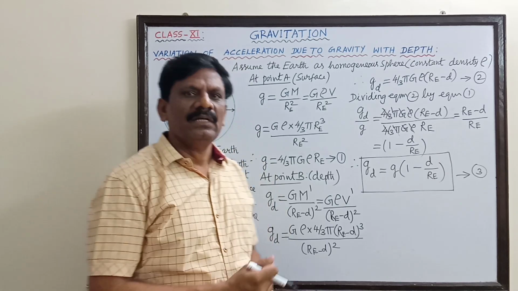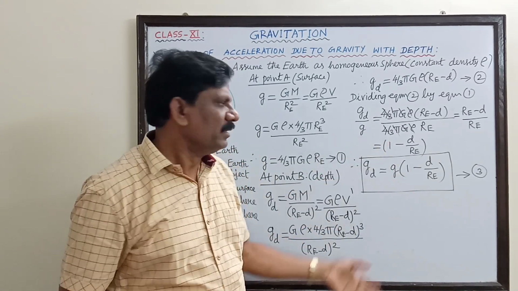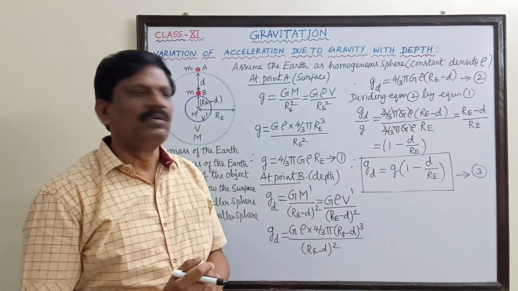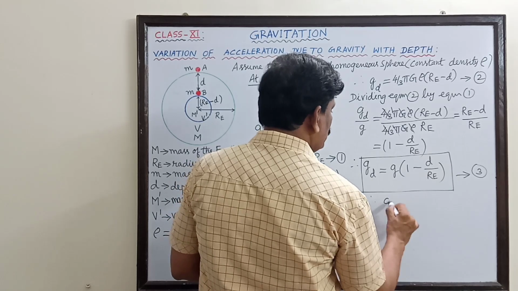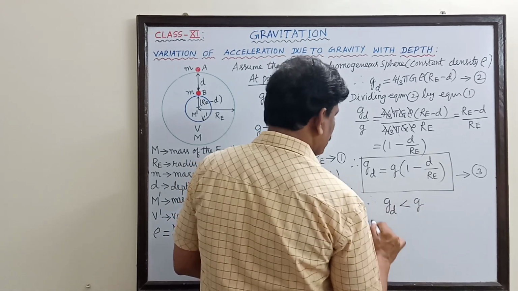Okay, children. So, if you open up the bracket, first term is g into 1 is g. g minus something must be again less than g itself. So, here also we will write that g at a certain depth is found to be less than g.